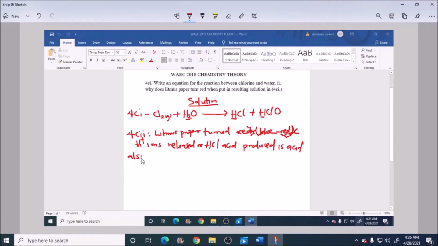Also the HClO, that is one of the products formed in 4C Roman figure 1, is also acidic. Hence the solution is acidic.